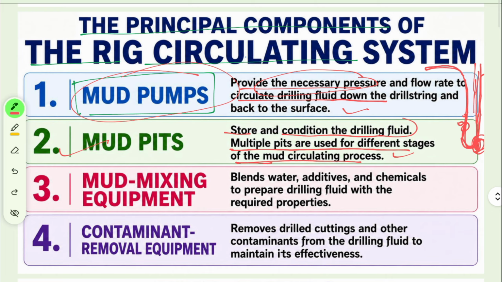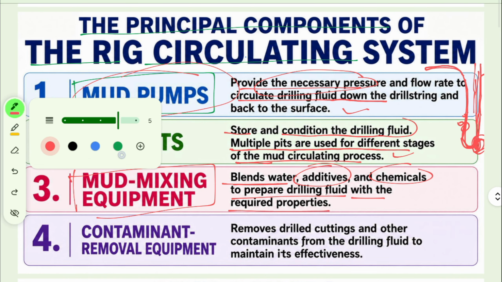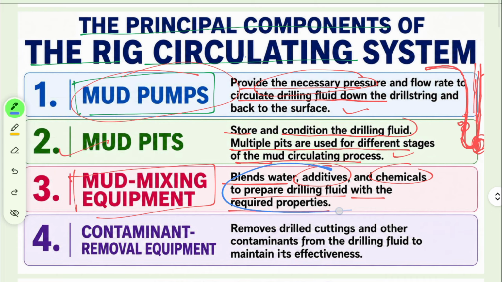Now next is the mud mixing equipment. So we require mixing equipment to mix additives with water or additives with oil or many things. So this is the blend water, right? You add additives, you add some chemicals to prepare the drilling fluid with the required properties. If you want to prepare a drilling fluid having some required property, like apparent viscosity, rheological properties.